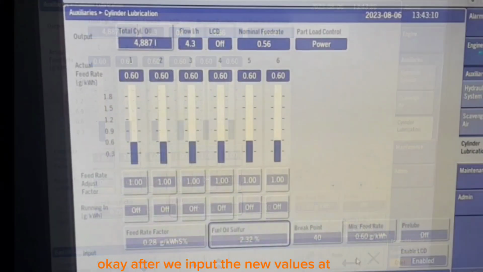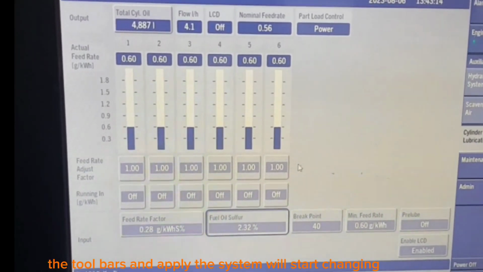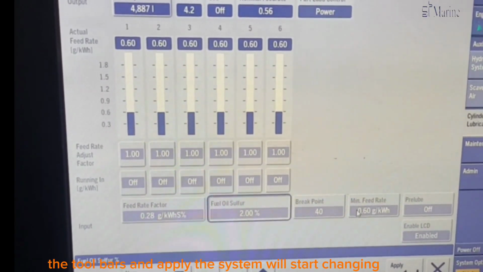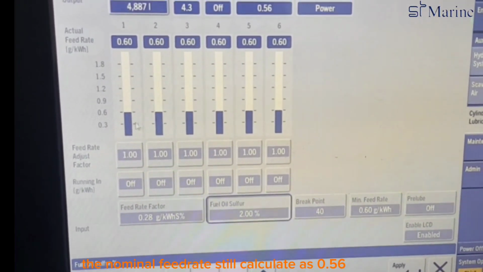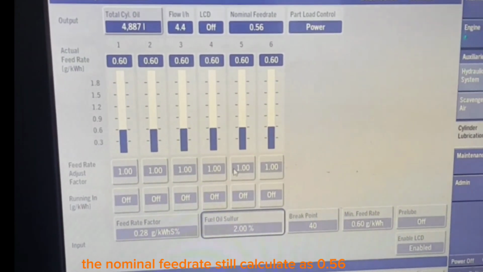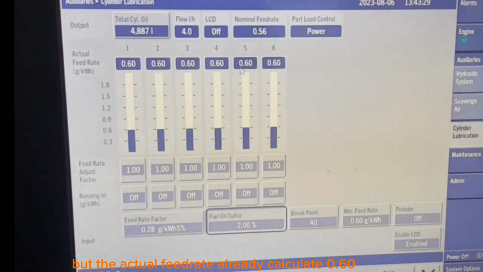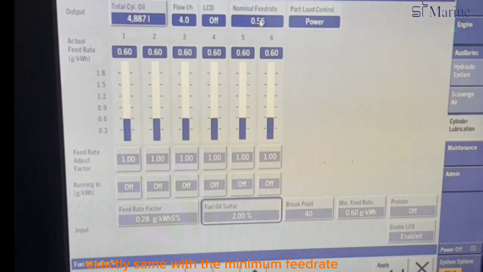Okay, after we input the new values in the toolbar and apply them, the system will start changing. The nominal feed rate is still calculated as 0.56, but the actual feed rate is already calculated as 0.60, exactly the same as the minimum feed rate.